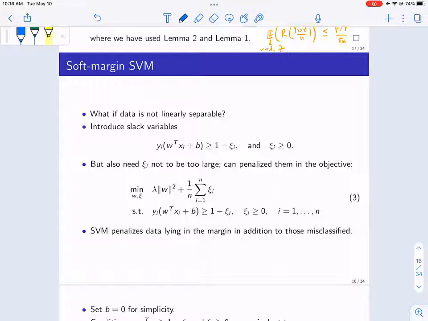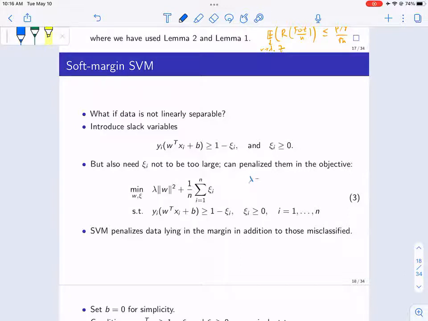So if lambda is very large, then this is close to the hard SVM. If lambda is very small, then you allow a lot of slack. Is it the other way around? If lambda is very large, basically this part is not there, so you allow a lot of slack. If this is small, then this is dominant.